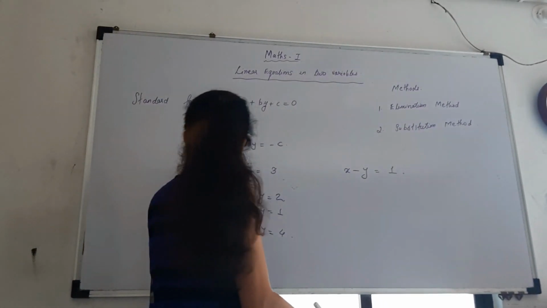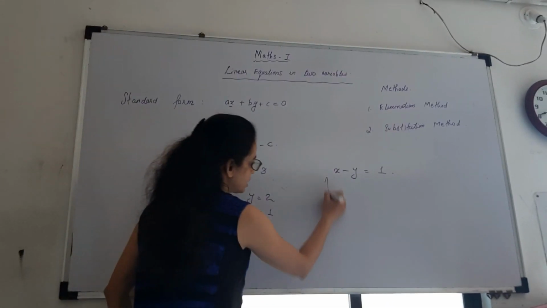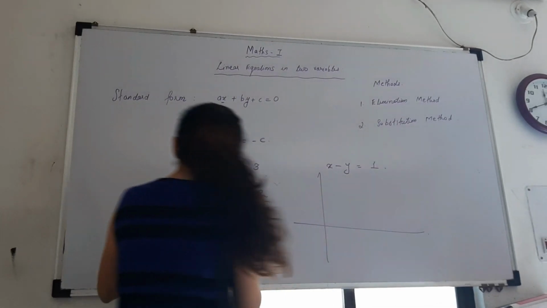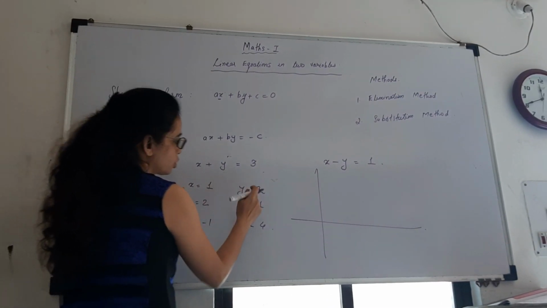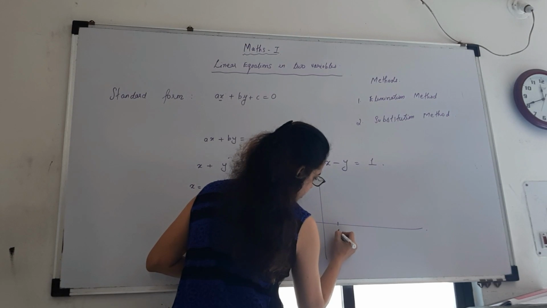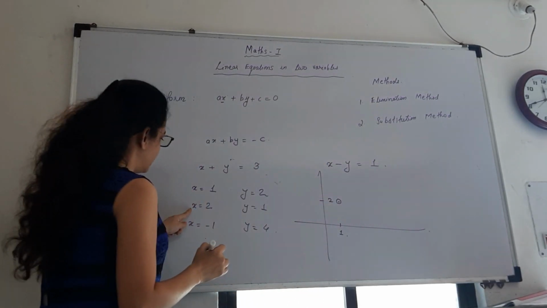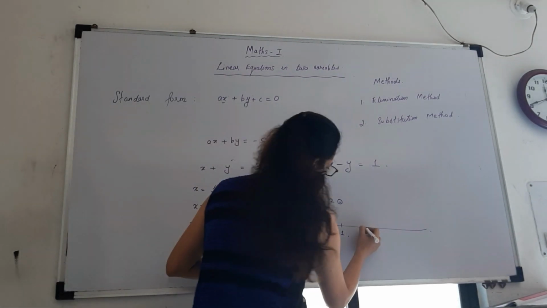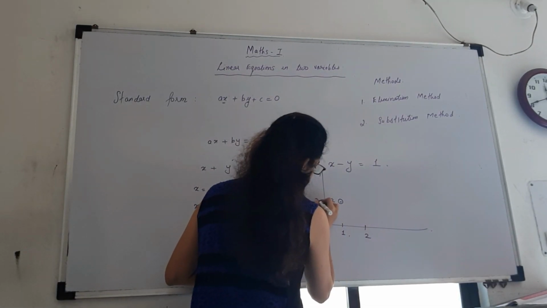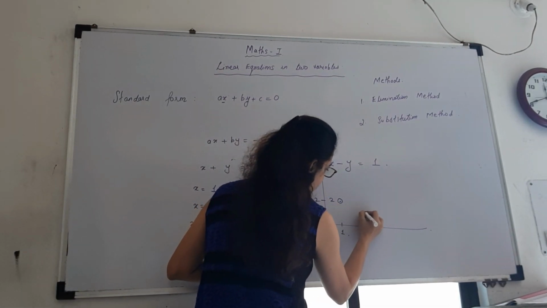Let me represent this in the form of a graph. What is this going to be? x is 1, y is 2. x is 2, y is 1.